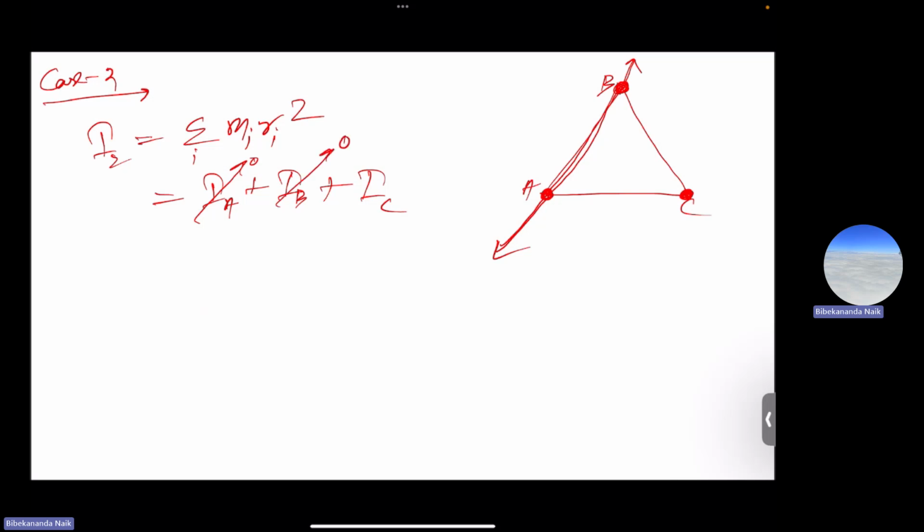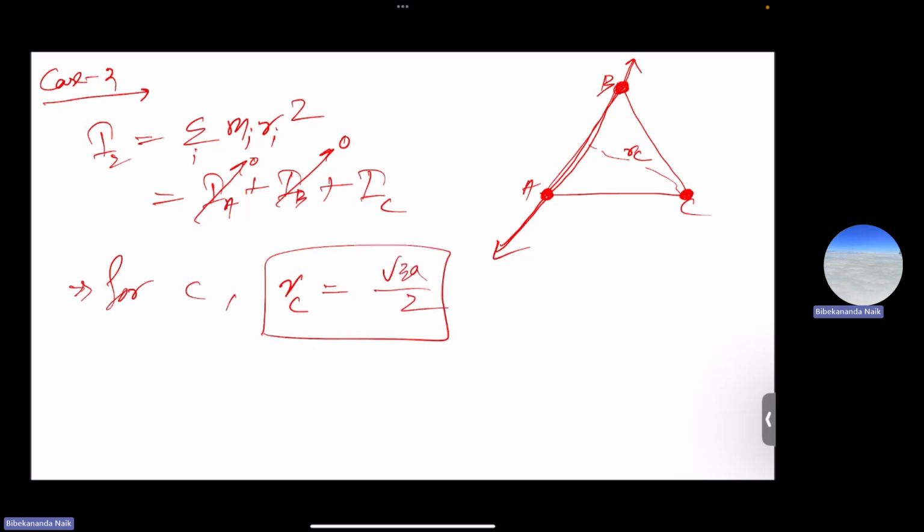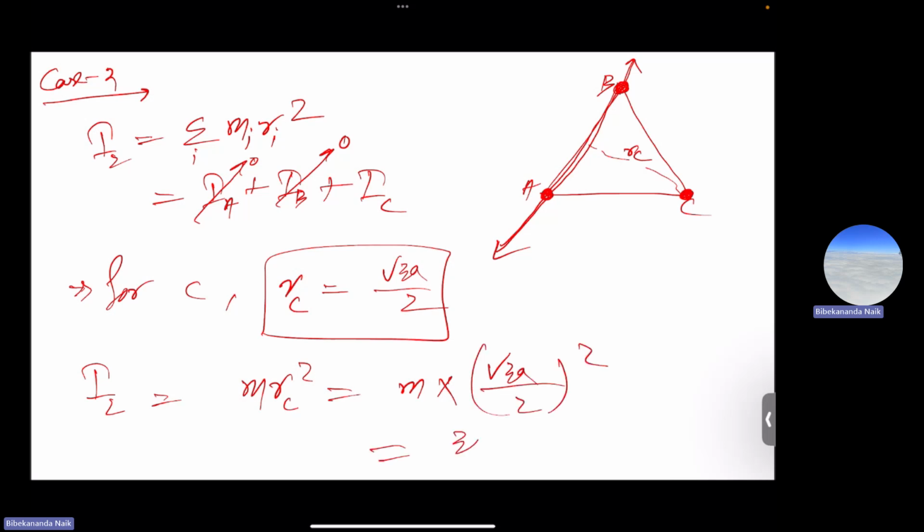For C, what is R_C? This is the distance R_C, and we calculated it is root 3 A by 2. So I2 will be M R_C square, so M into root 3 A by 2 square, that is 3MA square by 4.